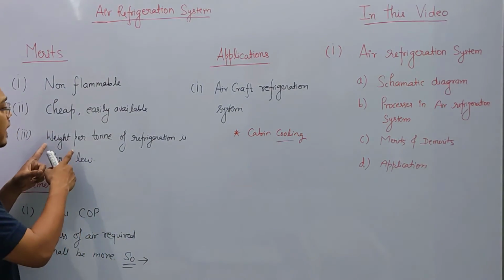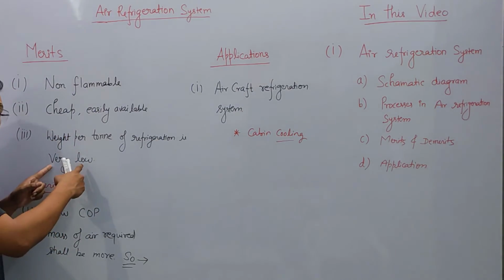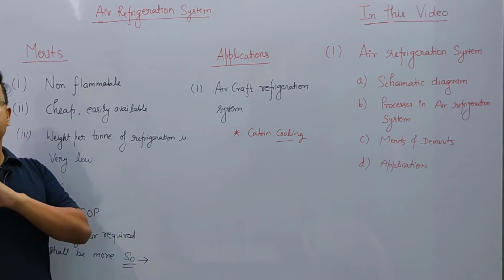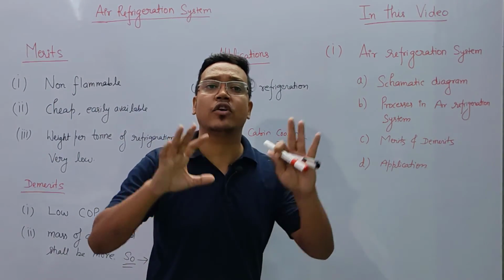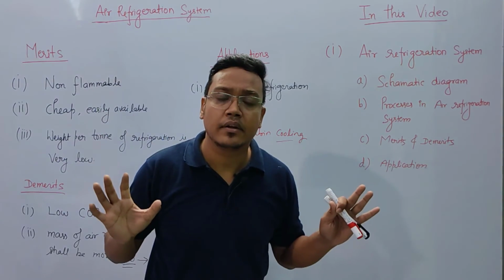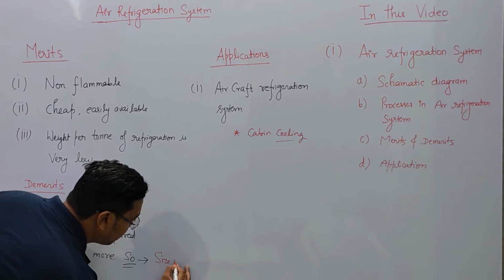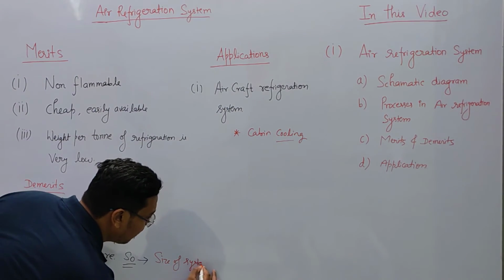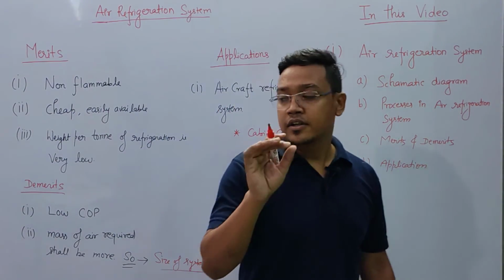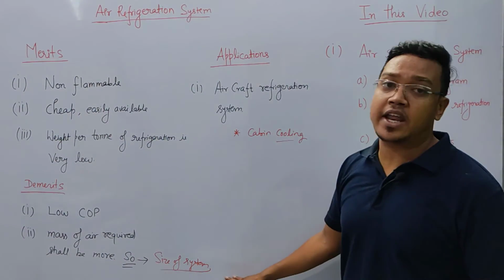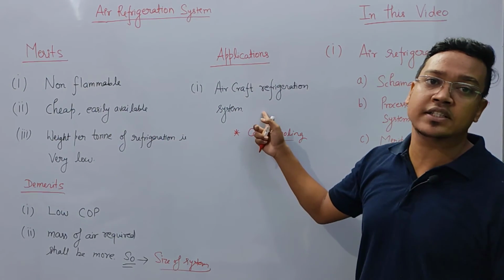I have already told you that weight per ton of refrigeration is very low. Because of that, the mass required is very high. If the mass required is very high, then the size of the system is very big. It is not like a window AC or split AC. That's why the size of the system is very big.